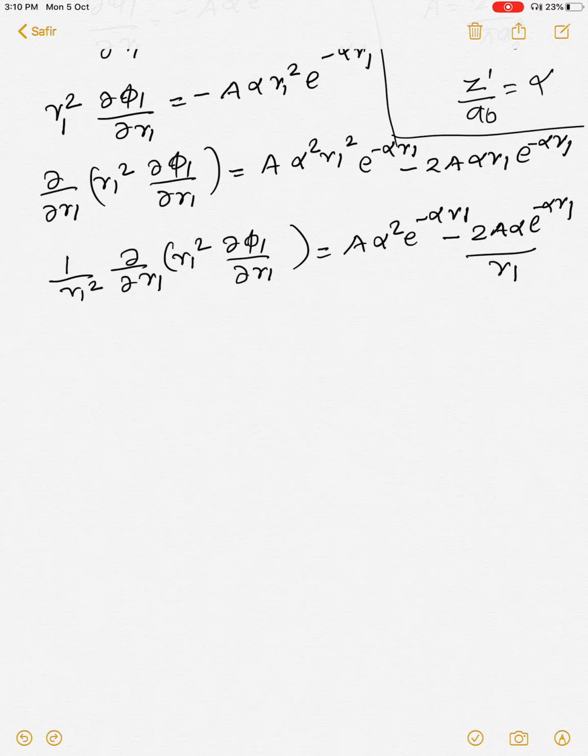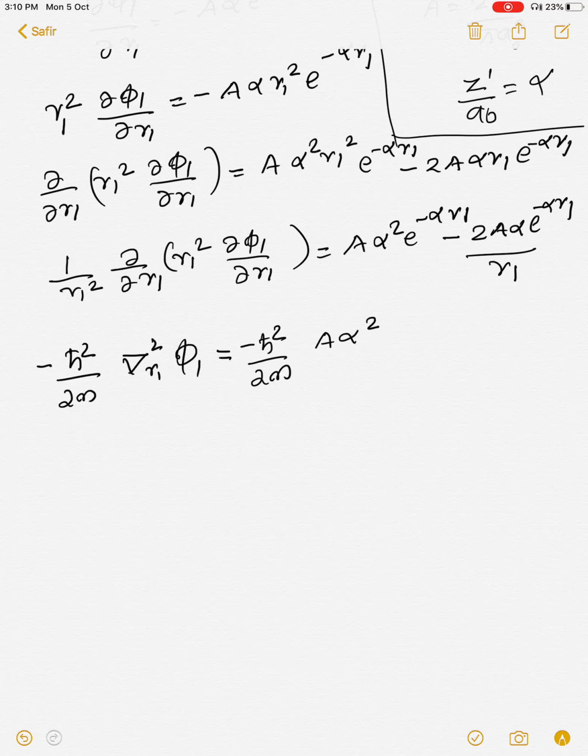Now I go to the Hamiltonian operation. The Hamiltonian we need to find is minus h cut square by 2m del square on phi 1. I found del square phi 1, so I multiply with minus h cut square by 2m, giving minus h cut square A times alpha square minus 2 alpha by r1, times e power minus alpha r1.